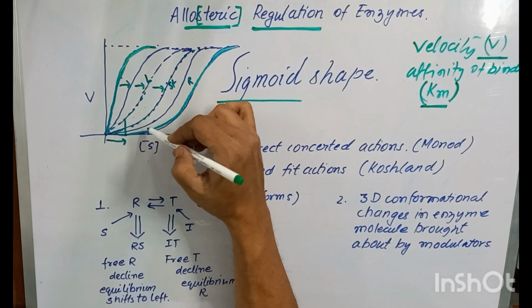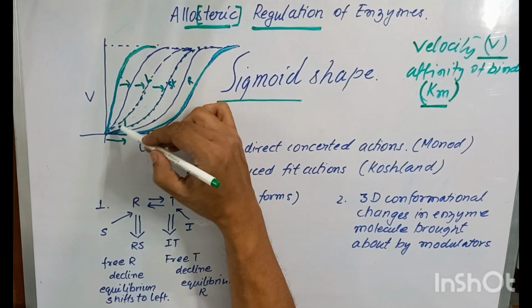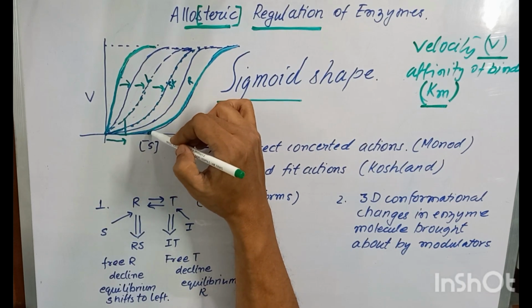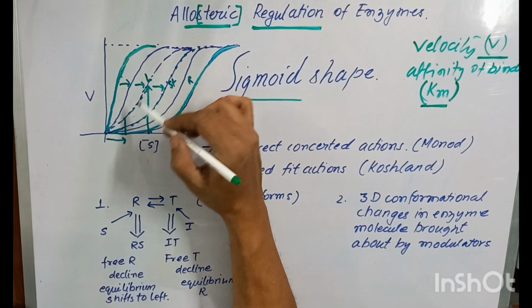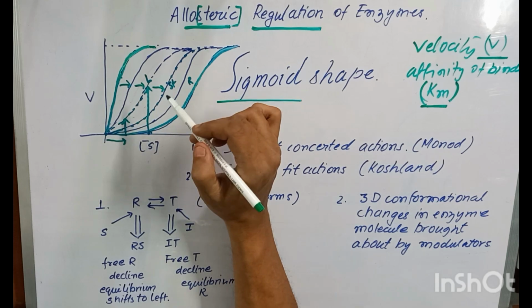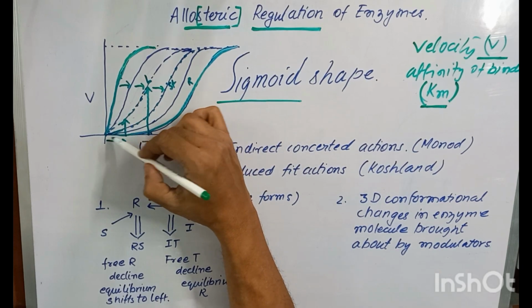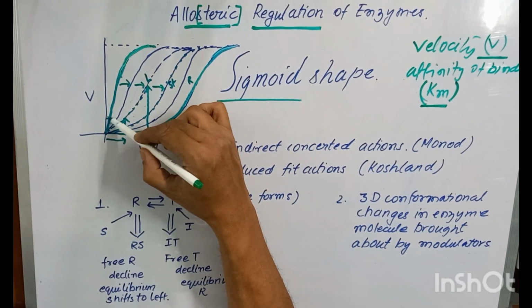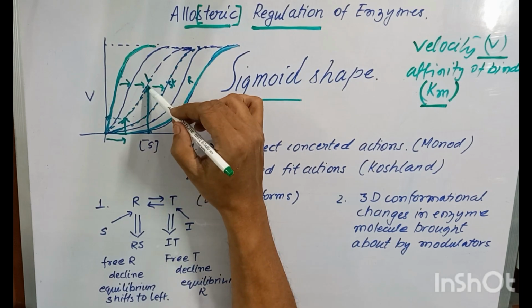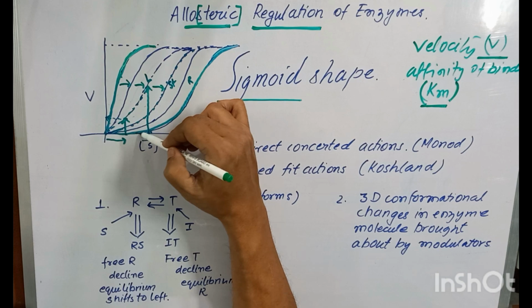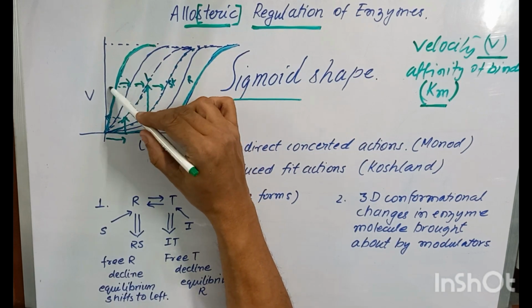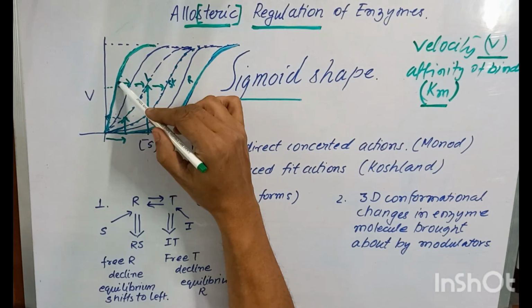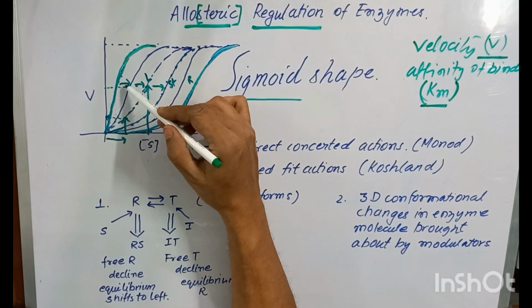So for a change in substrate concentration from 2 to 4 millimole, the velocity here is this, and for another increase of 2 millimole in substrate concentration, the velocity rises again. So there is a high increase in velocity.